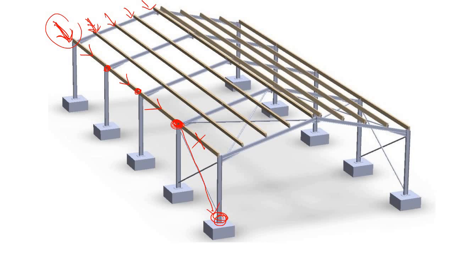Now let's consider this one, how it is going to be transferred to the foundation. Simply it travels through secondary beams 1, 2, 3, and finally reaches this node. Then from this node it can avail either this bracing or this bracing. In both cases it is the same distance, and finally from this point through this bracing, and finally to the foundation.